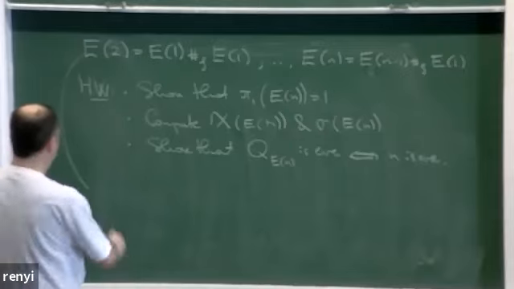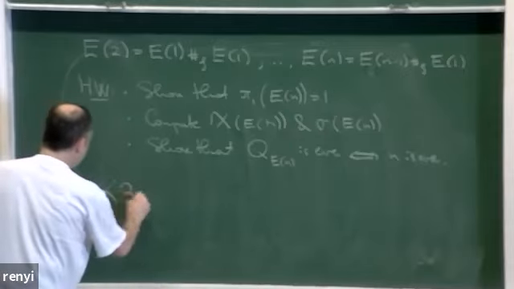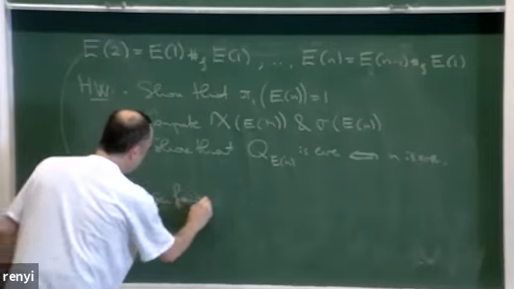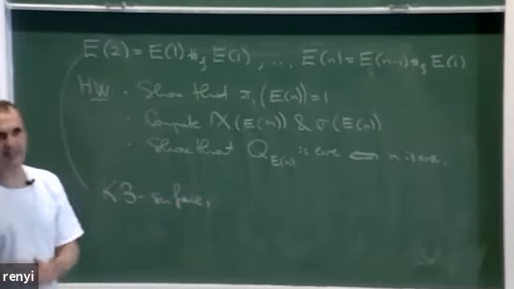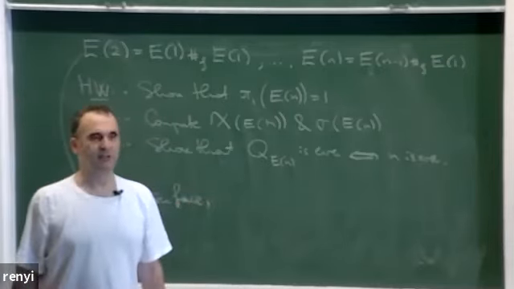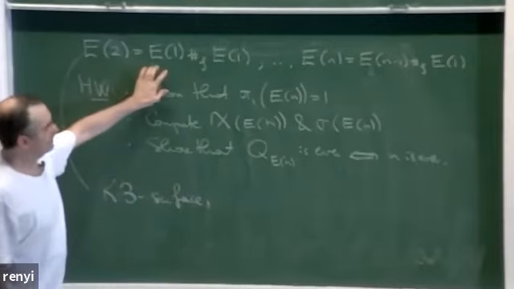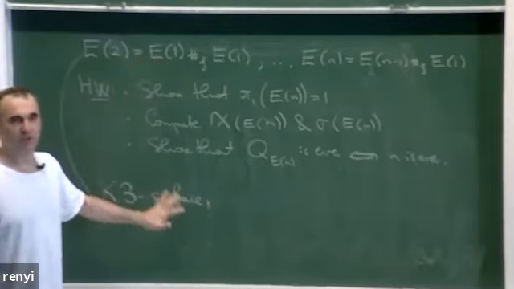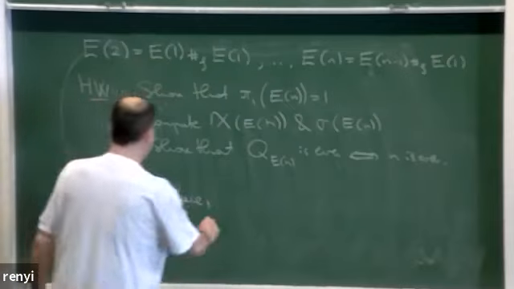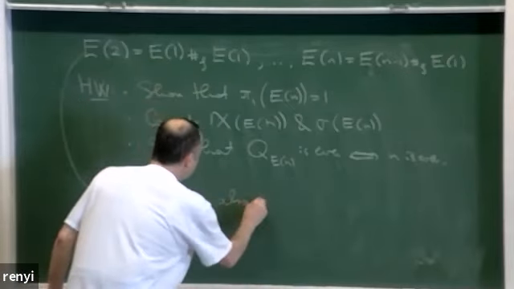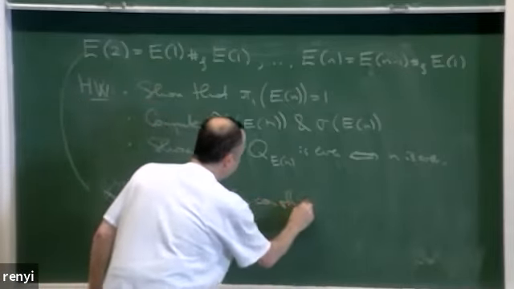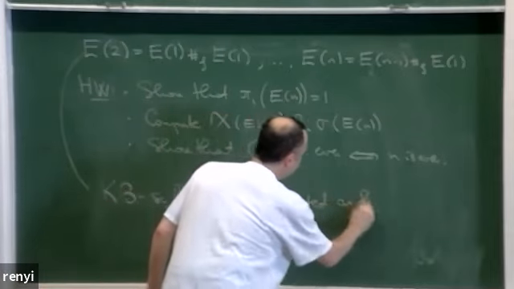This guy is called the K3 surface, and it has a number of constructions, and I will not talk about those. Use this as a definition, and I will mention one more, also constructed as follows.